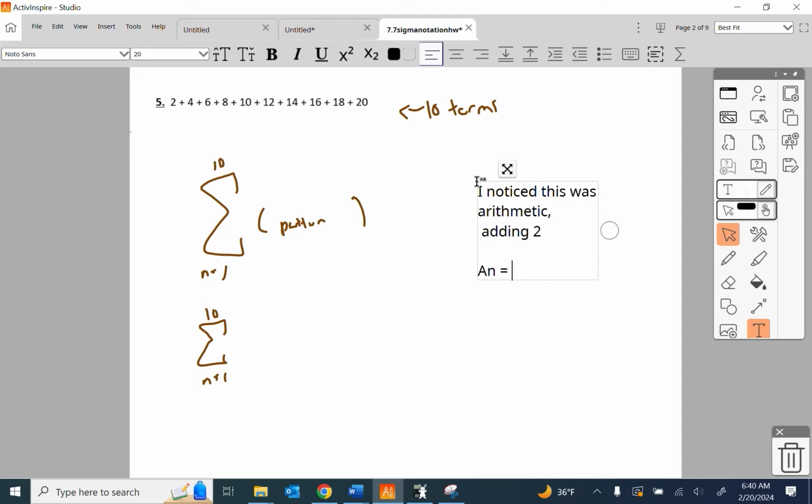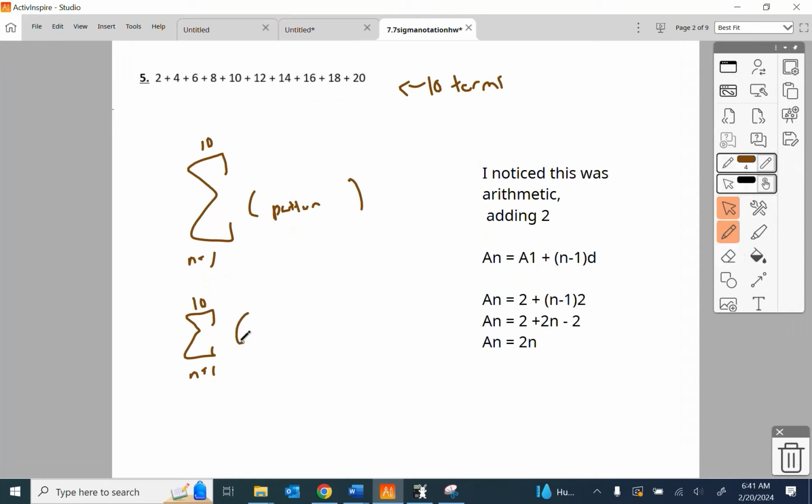So I'm going to use the formula that a sub n is a sub 1 plus n minus 1 times d. The first term is 2 and the difference is 2. And aha, 2n. So there you go. They're not hard to do. You just have to have a good mind, I guess.